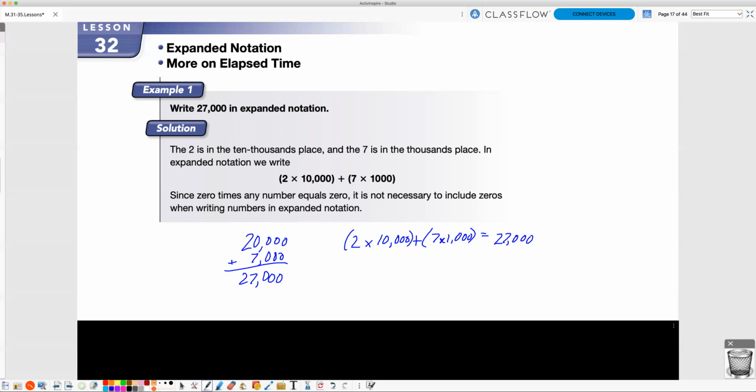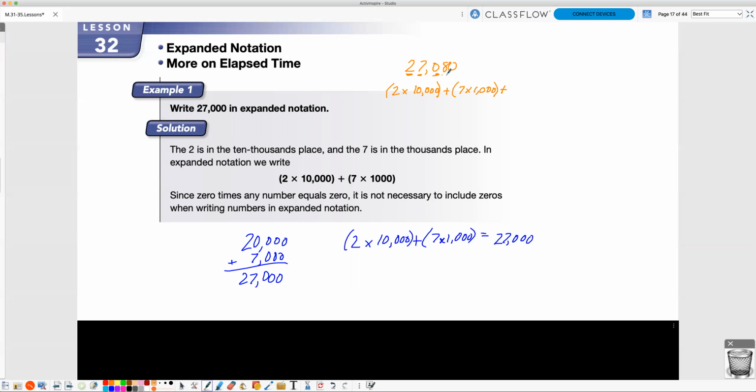If it happened to be something like 27,080, here's what this would be. It would be 2 times what place is it in? It's in the 10,000s place. So it'd be 2 times 10,000 plus 7. And where's the 7? It's in the thousands place. So we multiply it times 1,000 plus 0 is in the hundreds place, but we do not need to represent that because 0 times 100 equals 0.